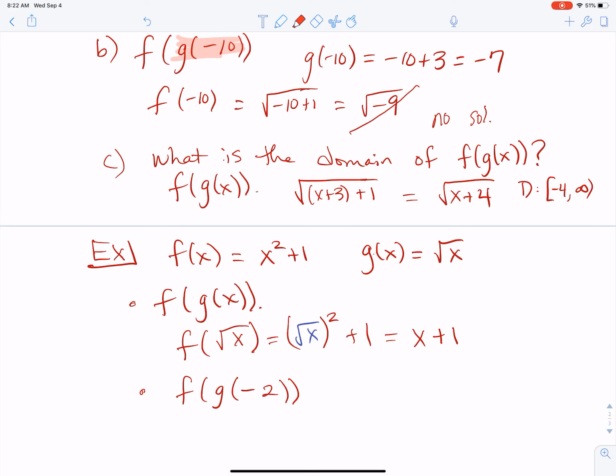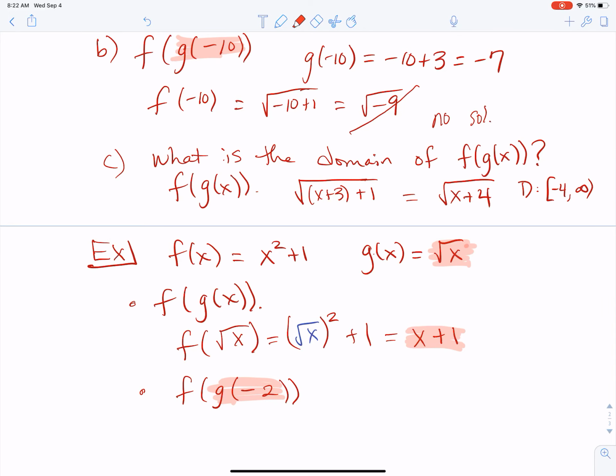can we substitute -2 into this expression here? The answer is no, I cannot take the square root of a negative. So in reality, this composition does not have a domain of all real numbers.